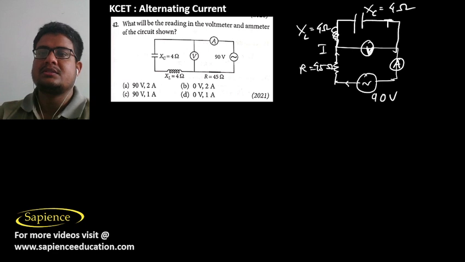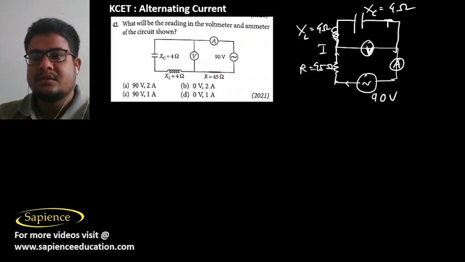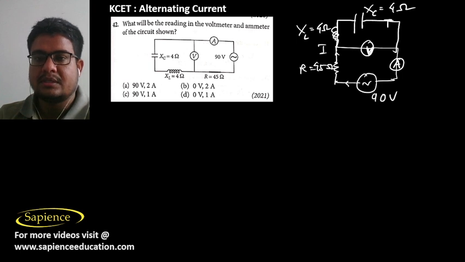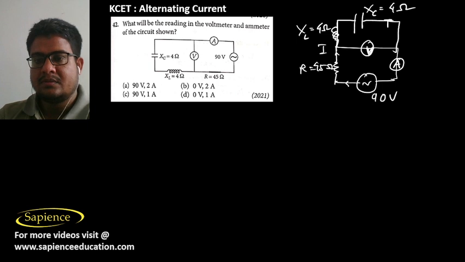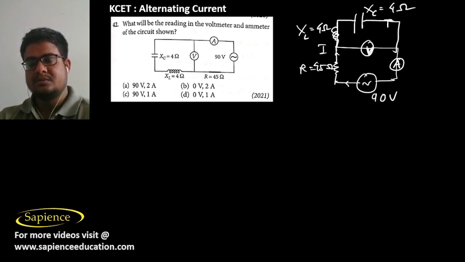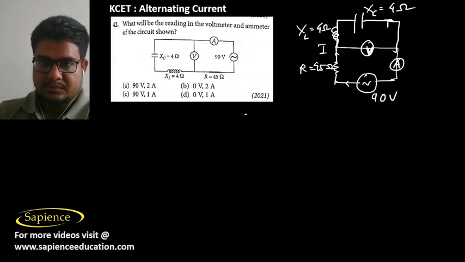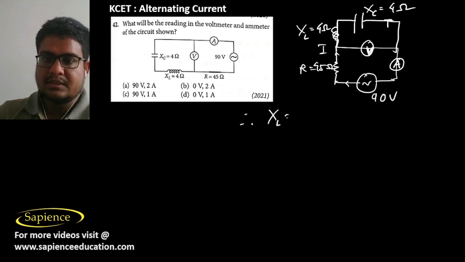Here actually it is a series RLC circuit only, but we have to find the voltage across the inductor and the capacitor. We have to find the net voltage across inductor and capacitor. We have to find the current also. Therefore here XL is equal to XC.